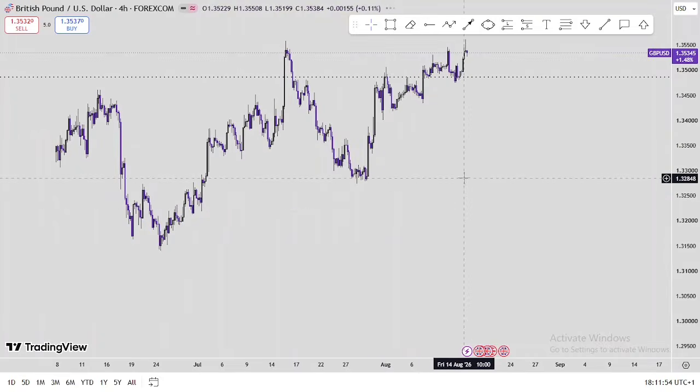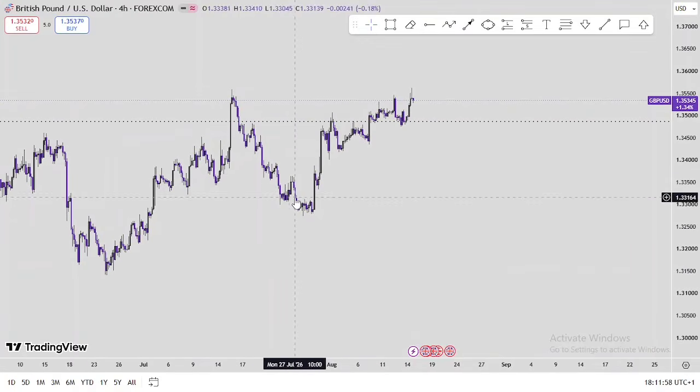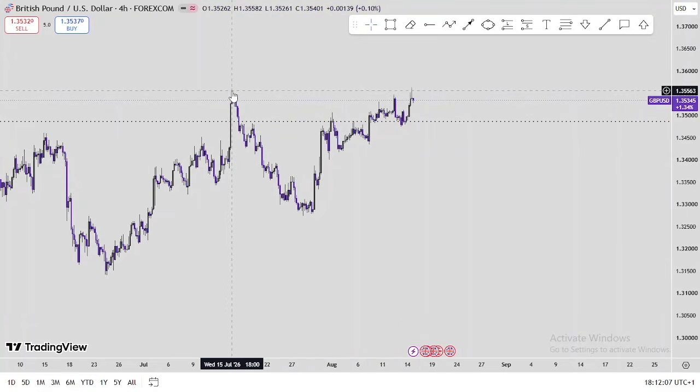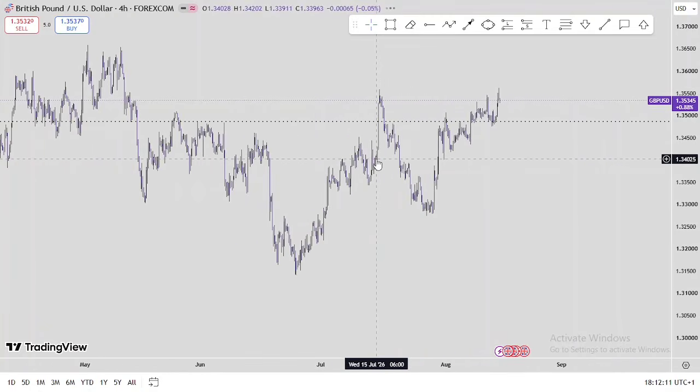On the 4H, we are seeing, again in line with the idea that the market's been in this bullish phase right here, this high broken. So we'll now mark out our major areas here too.